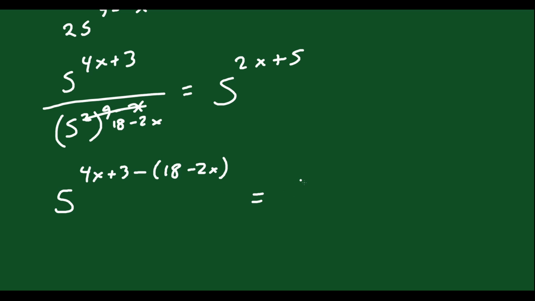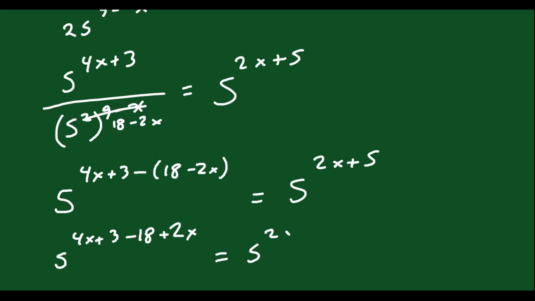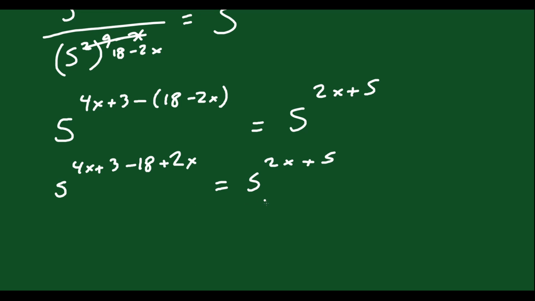Right, and that's equal to 5 to the exponent 2x plus 5. Okay, subtract those. So 5 to the 4x plus 3 minus 18 minus, or actually that minus 2x becomes a plus because you've multiplied by negative, plus 2x equals 5 to the 2x plus 5. So now we can equate the exponents because the bases are the same.